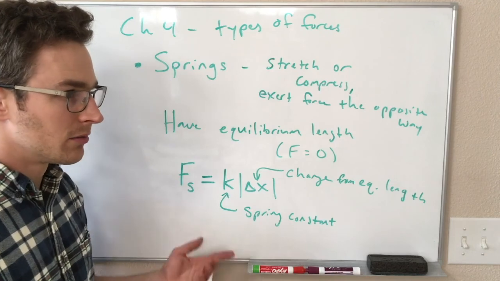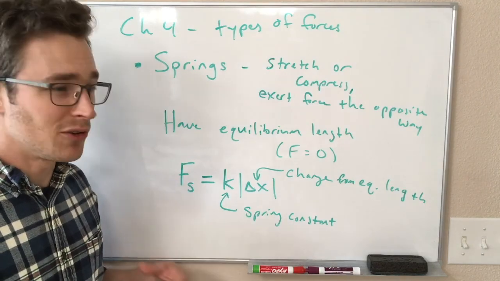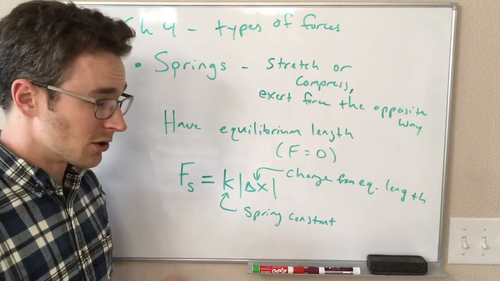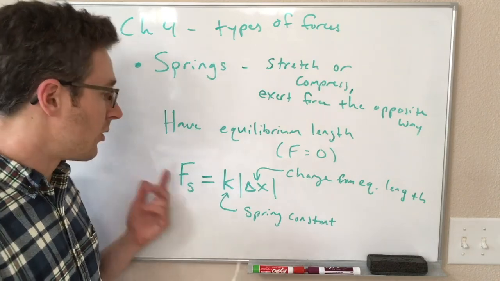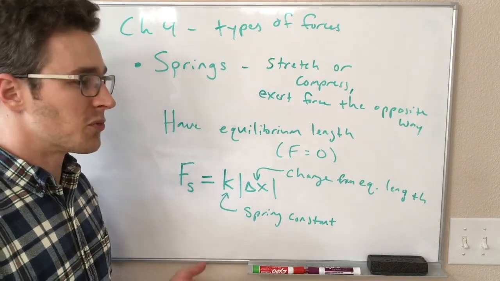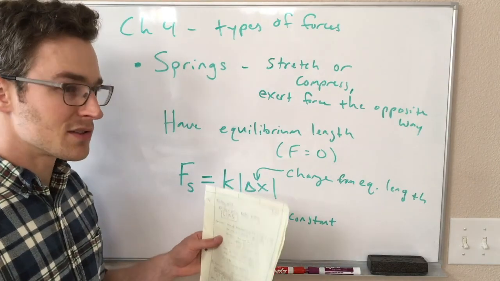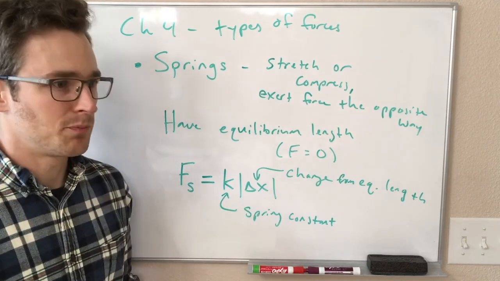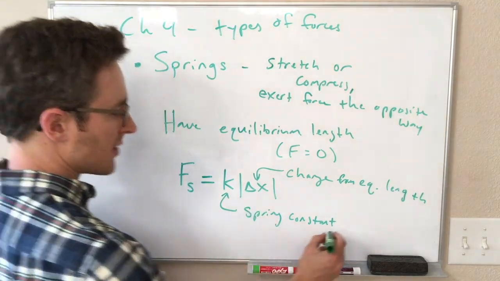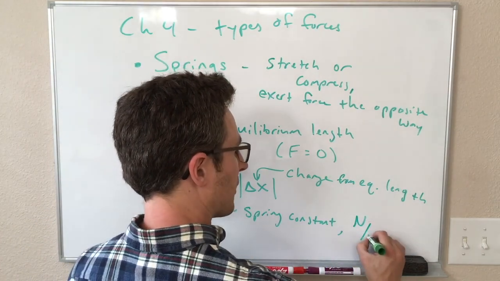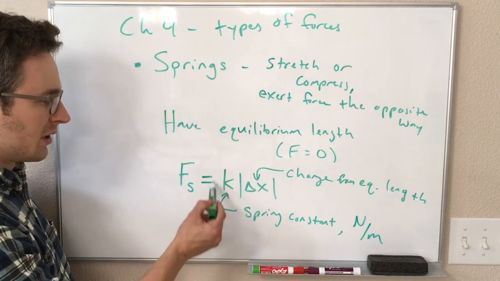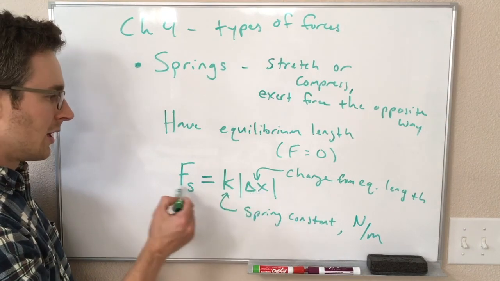Spring constants are actually used in real life. If you are a mechanical engineer buying springs, you can go to a spring catalog and say, oh, I want a spring with a spring constant of 2 newtons per meter, and it has to be this long. Spring constant is something that people care about in real life. So our units of the spring constant are newtons per meter. We can see that here: if we plug in newtons per meter and multiply it by meters, we get newtons back.